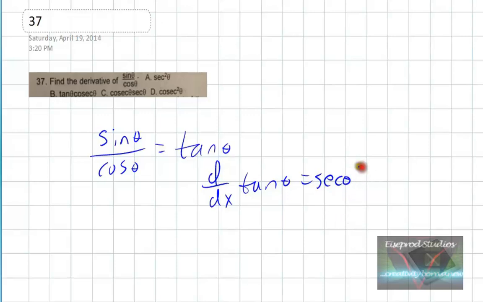Sorry, put the 2 over here. There you go. However, you may not have memorized that the derivative of tangent theta is secant squared. If that's the case, then you might be forced to use the quotient rule.